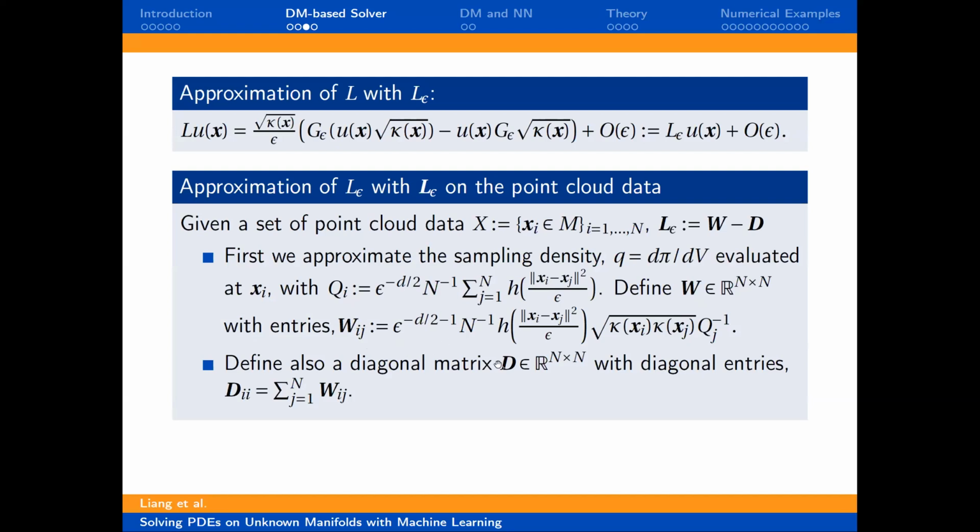Then we define the matrix D, a diagonal matrix whose ith diagonal component dii is equal to the sum of the ith row of matrix W. So we have the matrices W and D, and we can get the diffusion mapping discretization L epsilon.